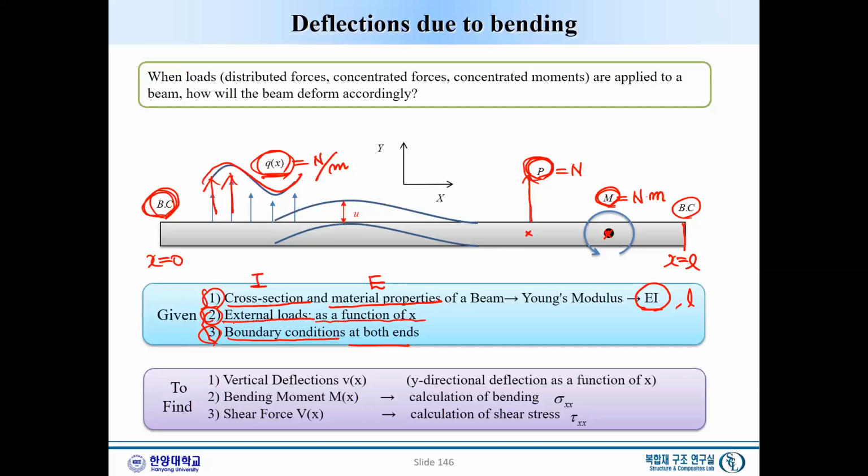Now we are given this information. Now what do we want to do? What we want to do is to find first the vertical deflections. Vertical deflection means that this beam will deform like that, a certain deformation. We can consider the deformation of the midline.